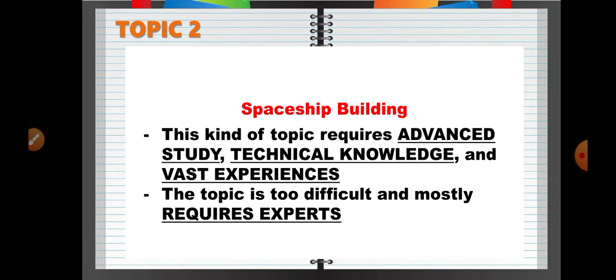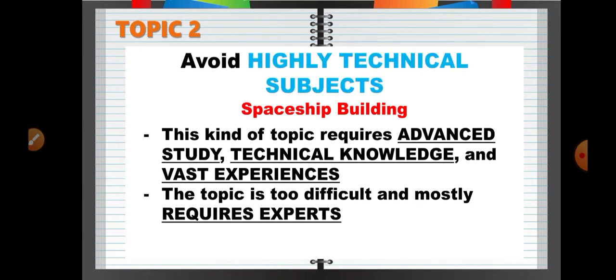Meaning to say you cannot conduct the study on your own and it will require experts. Therefore, class, this kind of topic that requires advanced study, vast experience, experts, and technical knowledge pertains to highly technical subjects. So you must avoid highly technical subjects or topics.